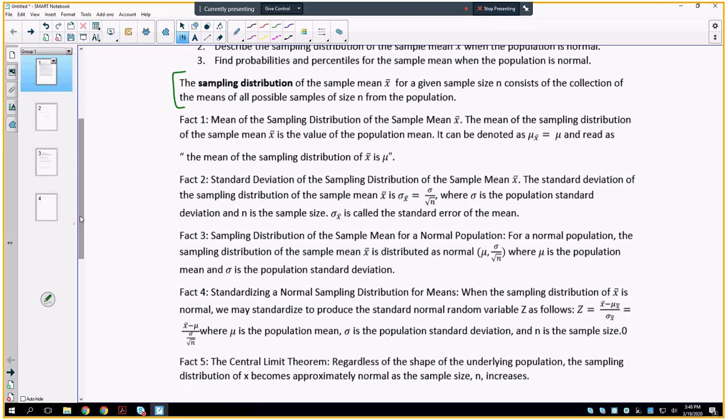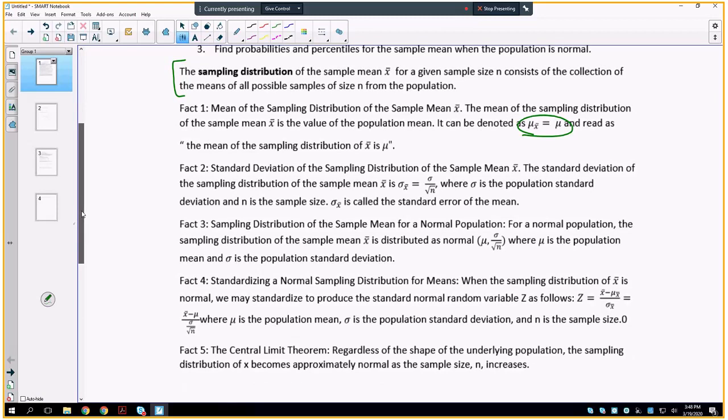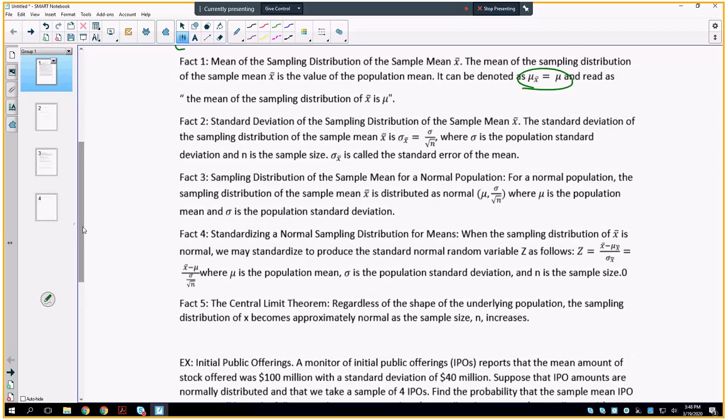The mean of the sampling distribution of the sample mean x bar is the value of the population mean. So we're going to denote the mean of the sampling distribution of the sample mean x bar as mu sub x bar, and mu sub x bar will just be equal to mu, the population mean. Whereas the standard deviation is not quite the standard deviation of the population.